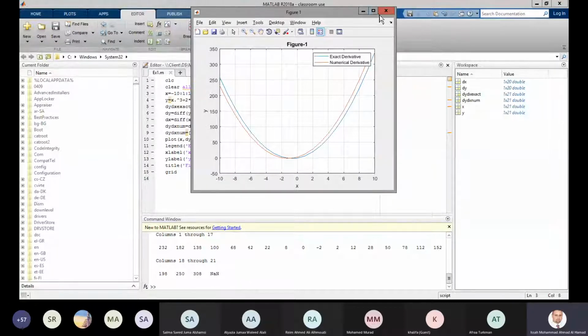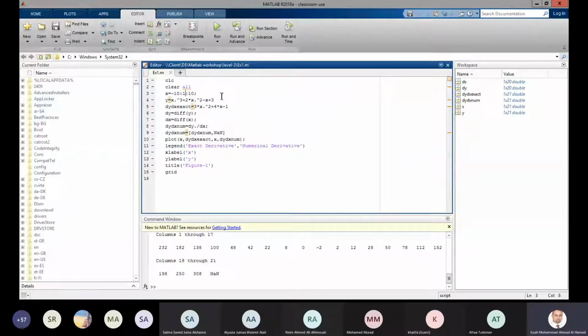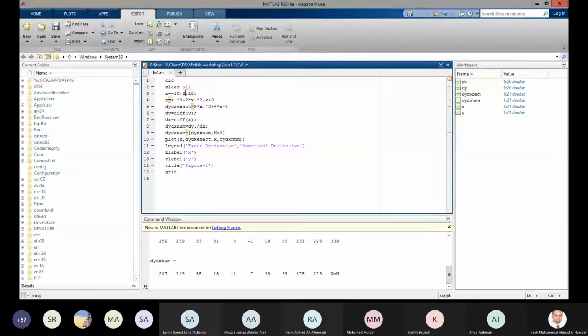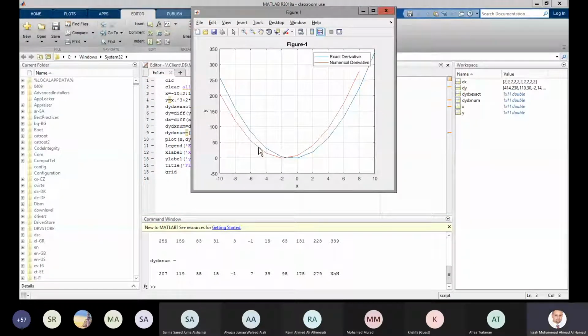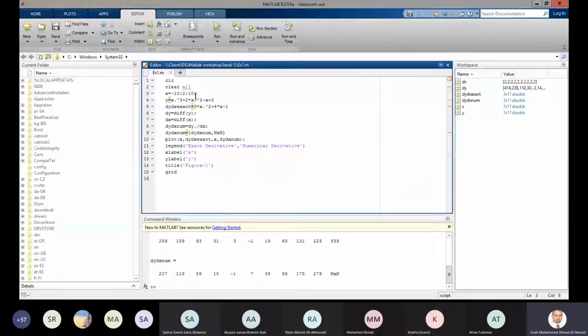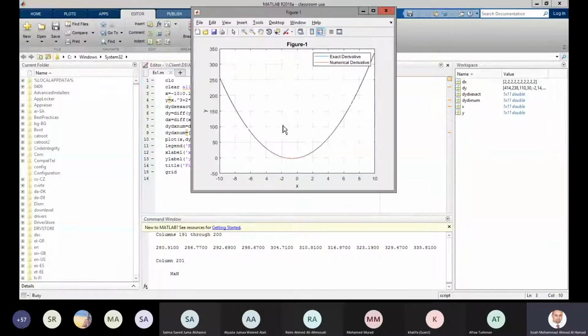Correct? So let's make it 2, for example. Now you can see that it is also larger. So what we need to do is decrease the increment as much as we can. Instead of 1, let's make it 0.1 and see what happens.